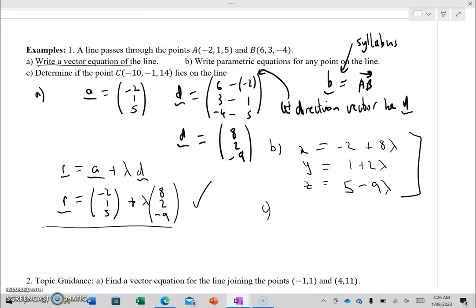Determine if the point C lies on the line. Okay, so we want to sub in the point and hopefully we get the same lambda.